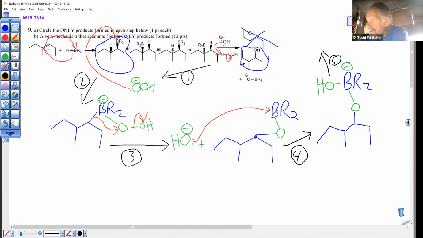The reason to do that was to get the other O off of boron. The other O comes off of boron, setting up our acid-base step for step 6. Make sure you show the bond between the H and the O, because it needs to break in the acid-base reaction.